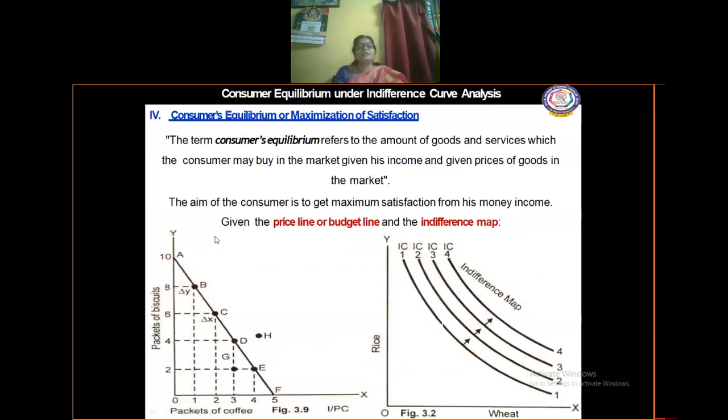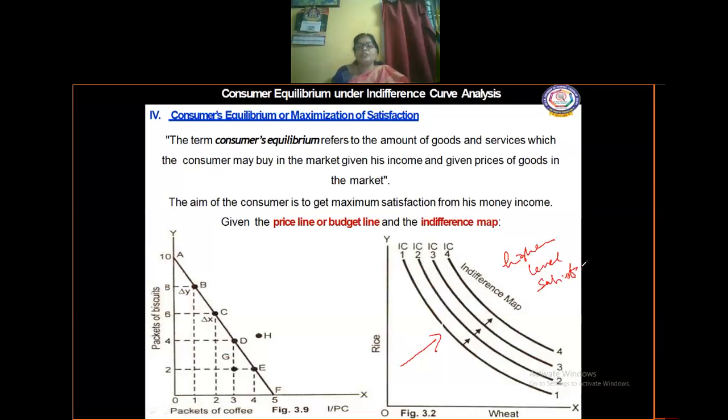Now you can see the budget line graph and the consumer's indifference map, where the level of satisfaction keeps shifting from IC1 to IC2 and IC3 to IC4, etc. So as the IC curves are away from the origin, it is a higher level of satisfaction the consumer attains.